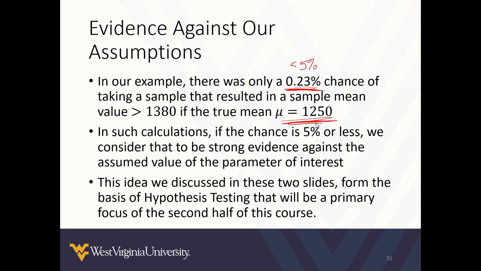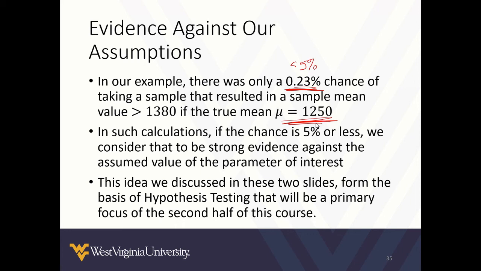And this concept is very important for us because the second half of this class focuses on the idea of confidence intervals and hypothesis testing. And this concept that we've introduced in this slide and the previous slide forms the basis of hypothesis testing.